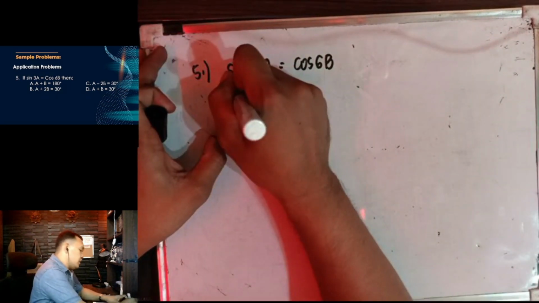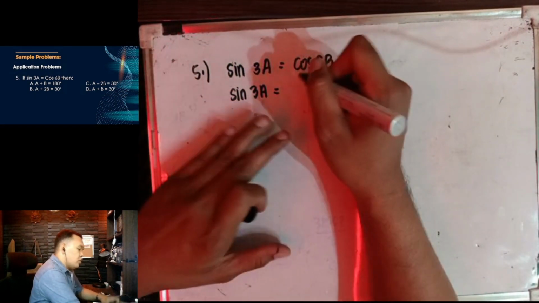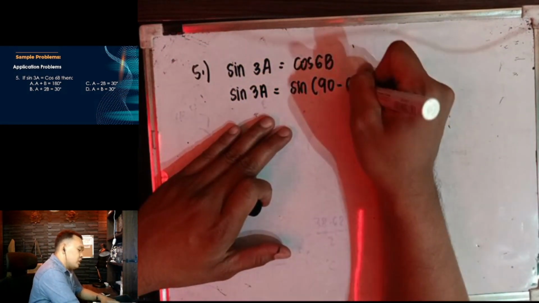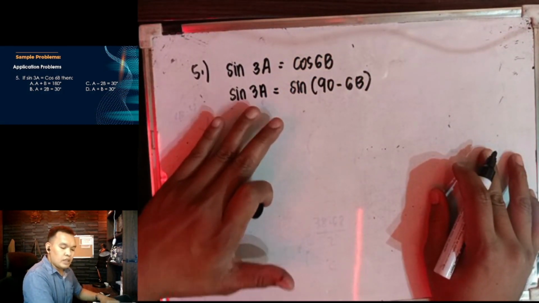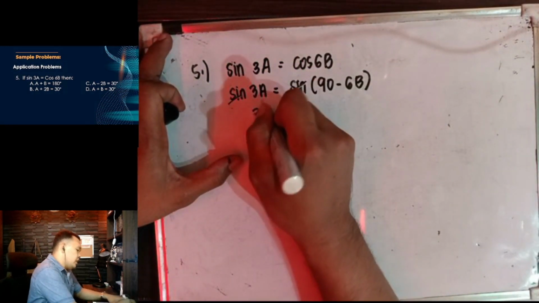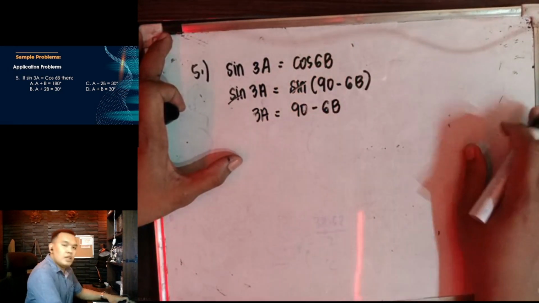So, we could say that sine 3a is equivalent kay, co-function is sine ulit, 90 minus 6b. So, pareho na siyang sine. So, pwede ko nang tanggalin yung sine, no? Then, we could say that 3a is equivalent kay 90 minus 6b.